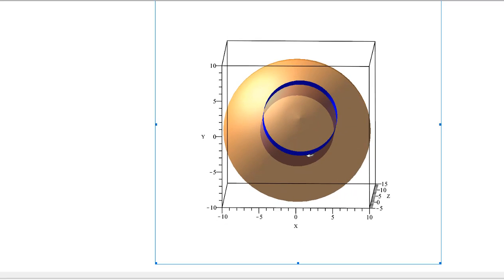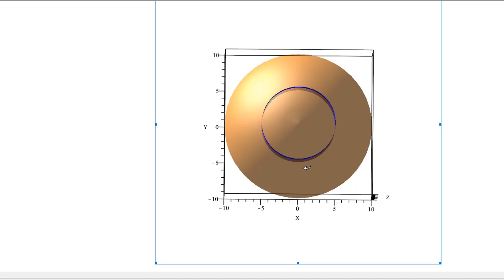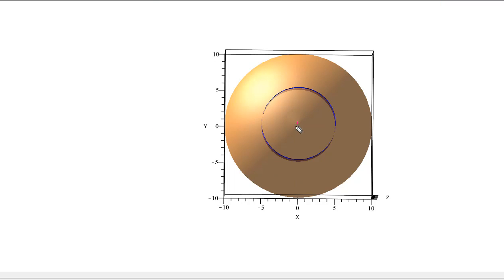If I look straight down the top at the XY plane in cylindrical coordinates, the r will be from the center to the cylinder. The cylinder has a radius of 5. The theta, since we go all the way around, would be 0 to 2 pi.